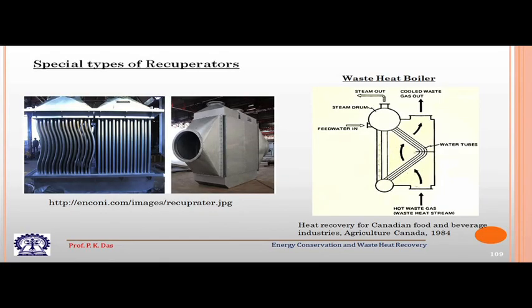So, for some time there will be heat storage from a fluid stream to the storage medium or matrix, and then for some time the stored heat will be transferred to the cold stream. So, different kinds of regenerators we have seen.